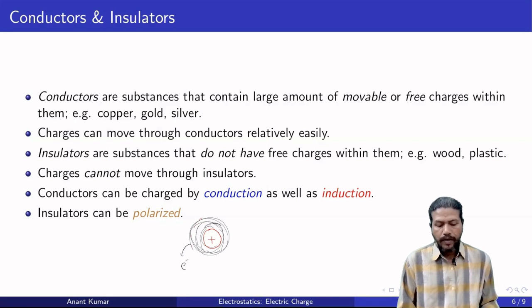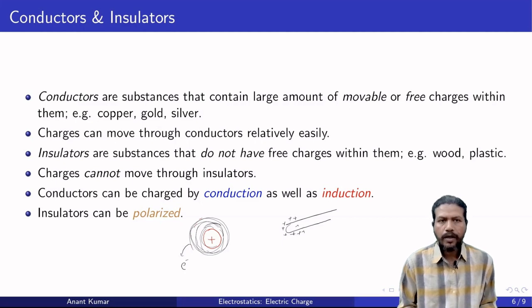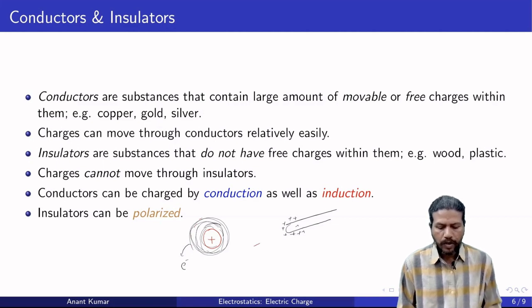Now if I just bring a charged object nearby, say again a glass rod which has been charged by rubbing with silk, so it has positive charges, and I bring this near this particular atom, what is going to happen is that this positive glass rod will try to repel the positive center of the atom, but it attracts the electron cloud, as a result of which the atom gets slightly distorted.